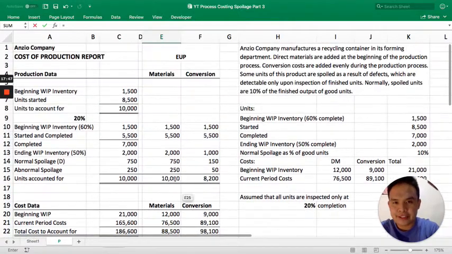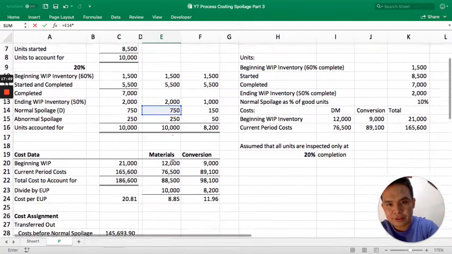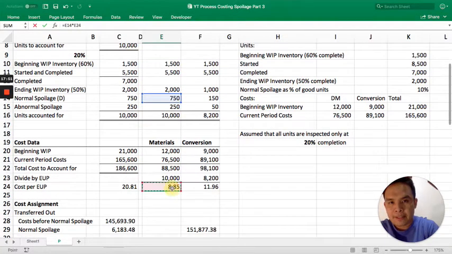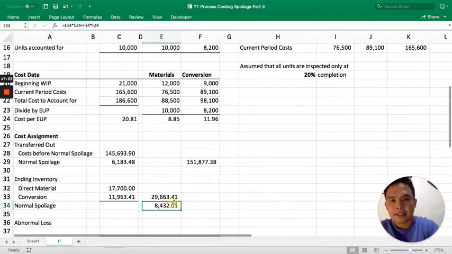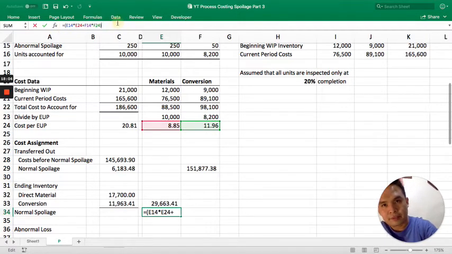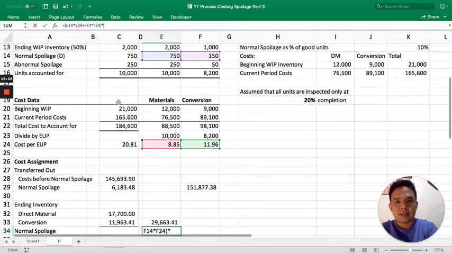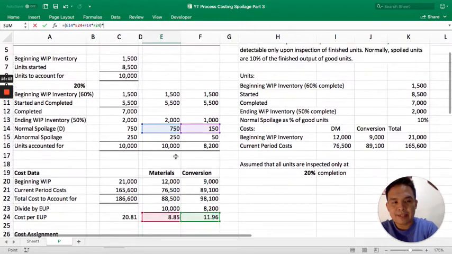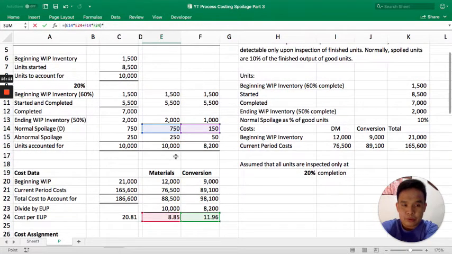The spoilage again, you recompute it as 750 times 885 plus 150 times ito. And part of it goes to ending on the basis of ilan? Out of the 7,500 na dumaan sa inspection point, 2,000 ang ending. So, 2,000 out of 7,500. Saan galing ng 7,500?